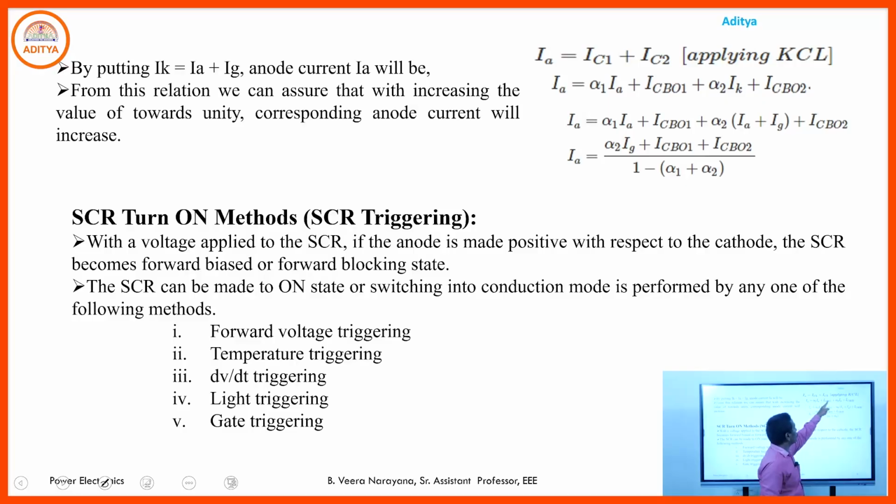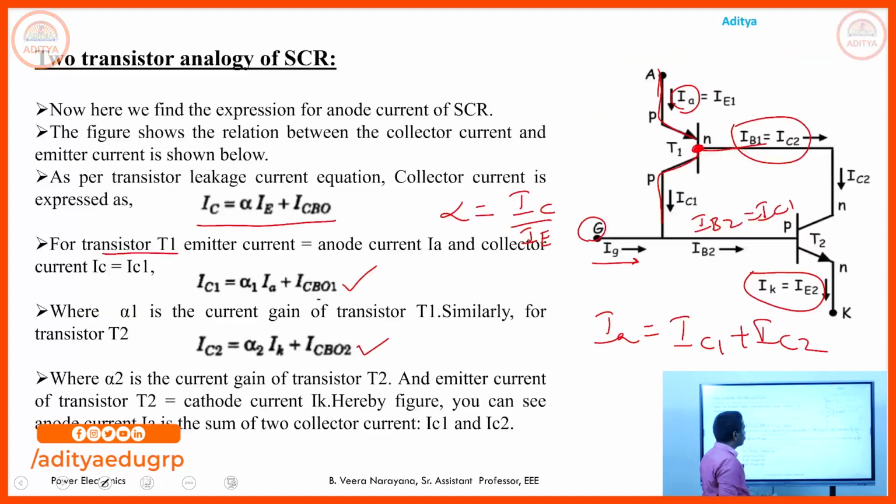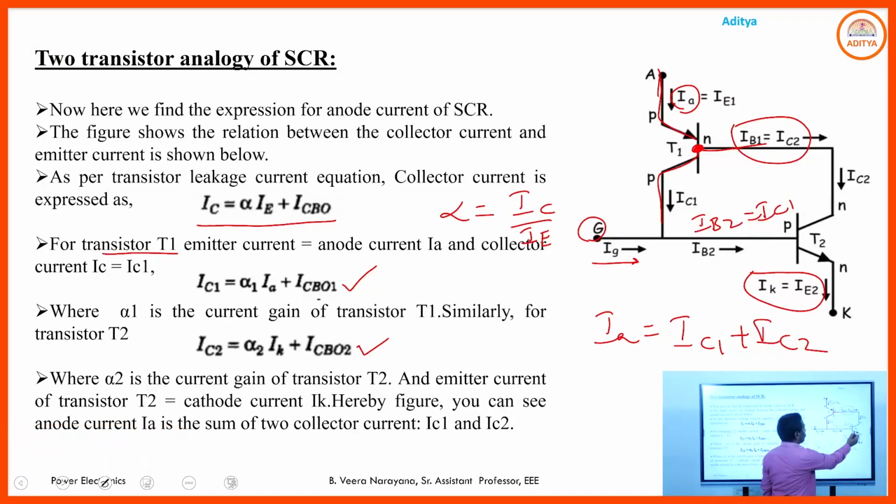By simplifying this expression, we replace IC1 with alpha 1 into IA plus ICB01, and IC2 with alpha 2 IK plus ICB02. IA is equal to alpha 1 IA plus ICB01 plus alpha 2 IK, where IK is written as anode current IA plus IG.